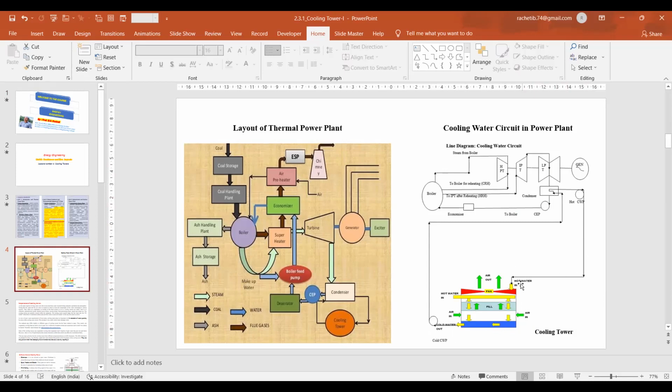Hot water comes in from the top and while flowing down, falls on the fills. There is a fan. The air rushes from the bottom and enters upwards. So cold air comes in contact with hot water. This heat transfer takes place in the cooling tower, and the cold water is reused in the condenser for cooling purpose.